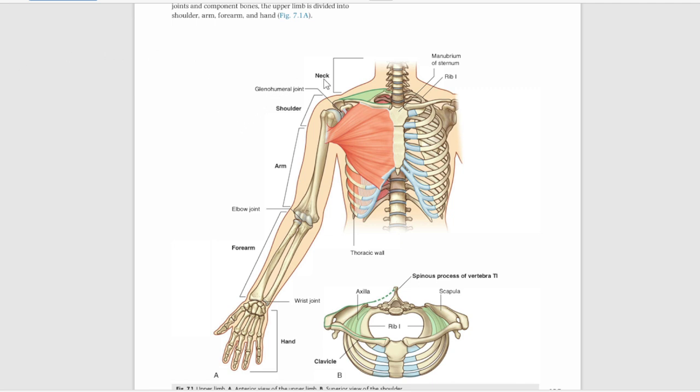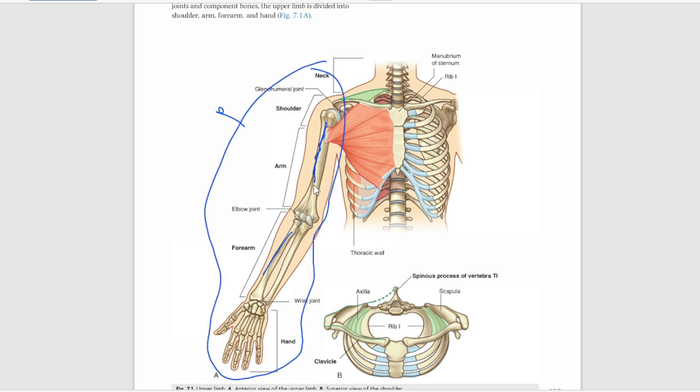For example, the upper limb is just one thing, and it is simple. But sometimes you waste your time on it. You have to understand what is common and what is important, because it will help you a lot when you move ahead in the medical field.